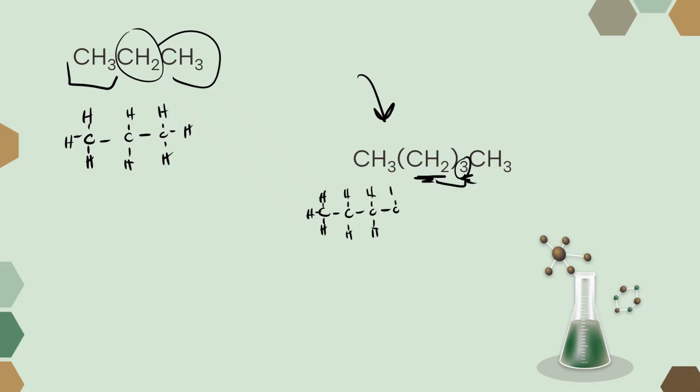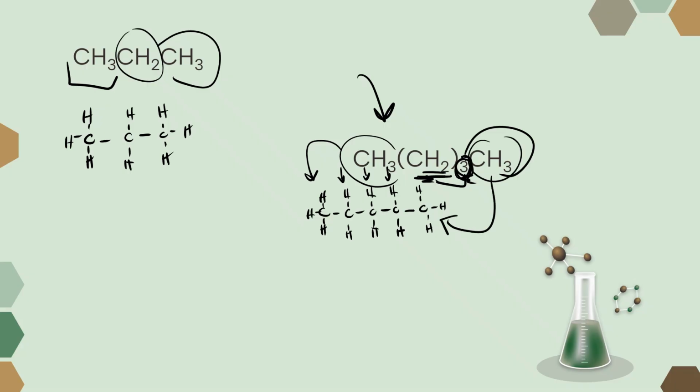Here's CH2 number 3. I'm going to wrap up with yet another CH3, put all those bonds in there. Voila, we have a CH3 here, we have a CH3 here, and then we have 3 CH2s in between. What molecule is this one? This, of course, is pentane.